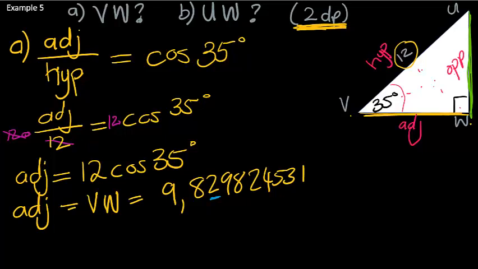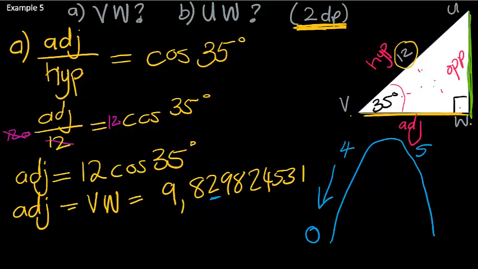Quick reminder, how do we round off? You are going to use the Hill method, and it says that if you have a number between 0 and 4, then it stays the same. If you have a number that's 5 to 9, it goes to the next number. So which number do you use when you look at the Hill? You look at the number next to the decimal place you want to stop at.